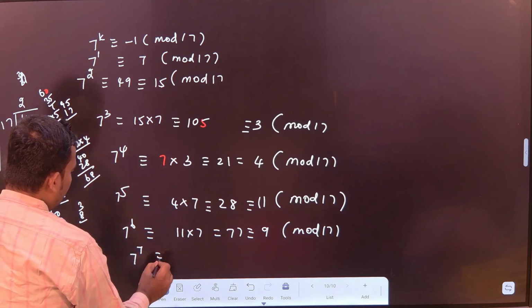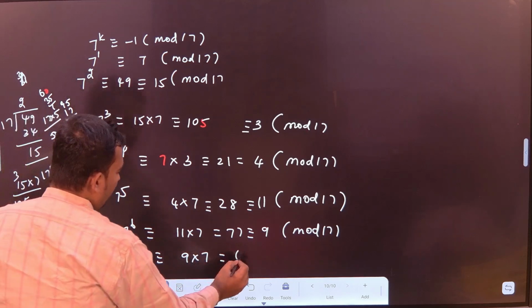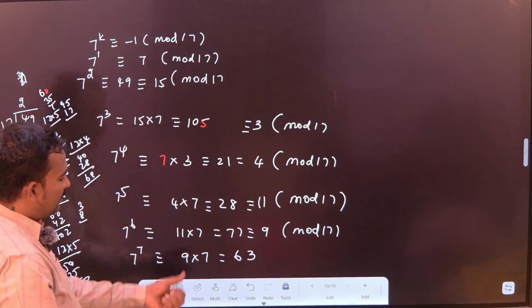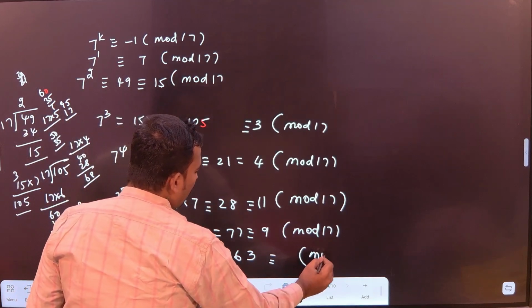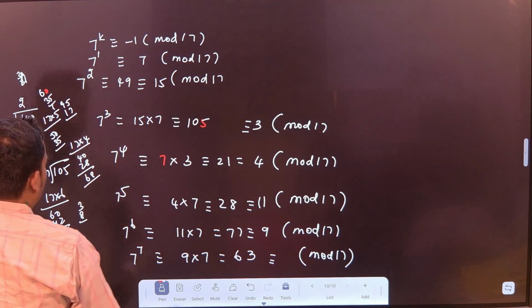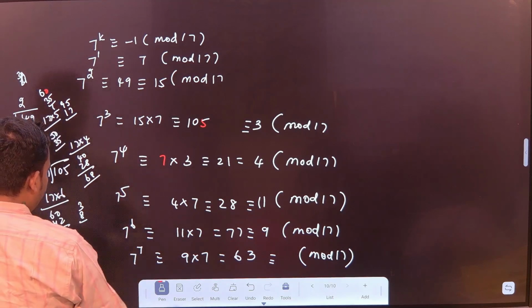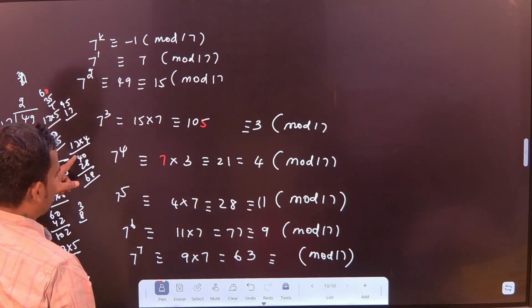7 power 7 you can take. So 9 into 7, 63. Correct? 63, when you divide by 17, modulo 17, what are the possibilities there? Let me check here. 63 means 4 is not possible.